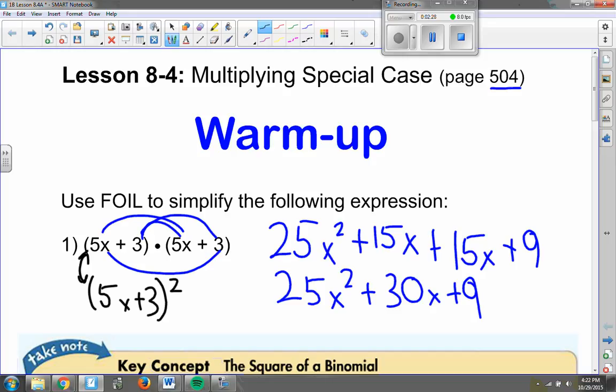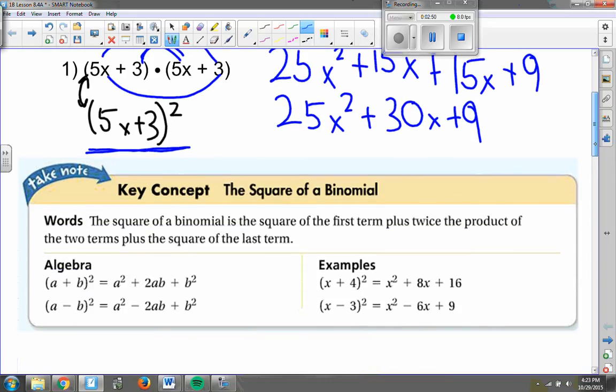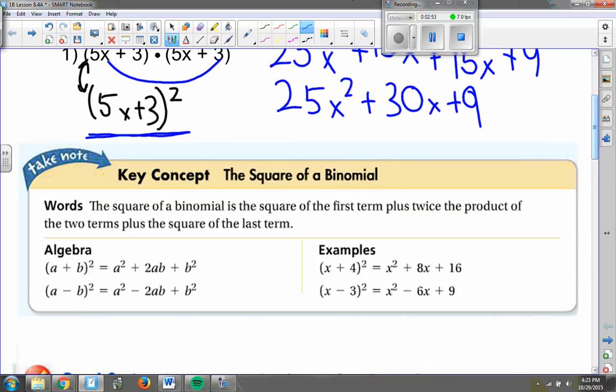So if we wanted to go backwards from that, if we see something like (5x + 3) squared, we know that's just 5x plus 3 times 5x plus 3, and we can use our FOIL method there, okay? And that's the way I want you to do things today. We're going to be focusing on squaring a binomial, which means x plus something squared, or x minus something squared, and so on, okay?